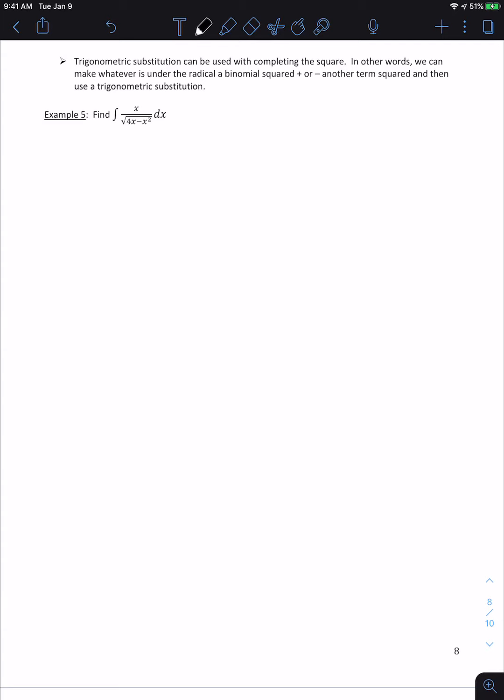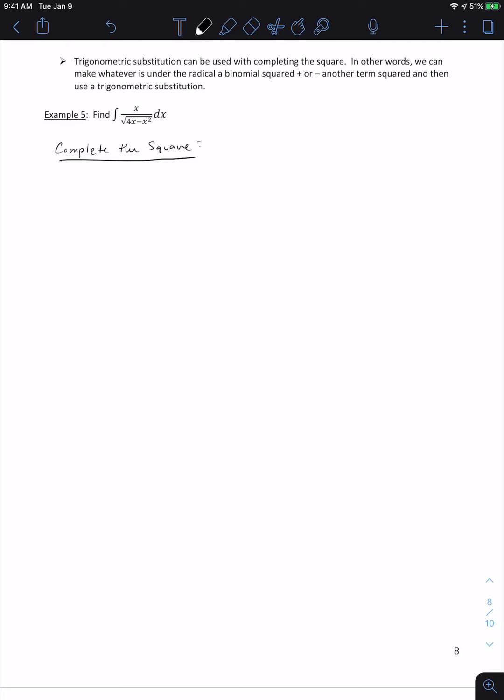So remember, we can use trig substitution when it looks like something squared minus something else squared underneath the square root, right? In this case, that's not what we have here. We have a 4x and then an x squared. So that 4x is not what we want. So we're going to complete the square to get what we want, to make it something squared minus something squared.